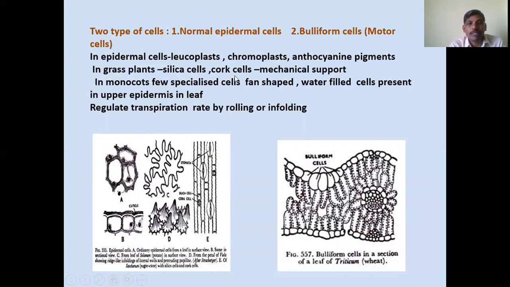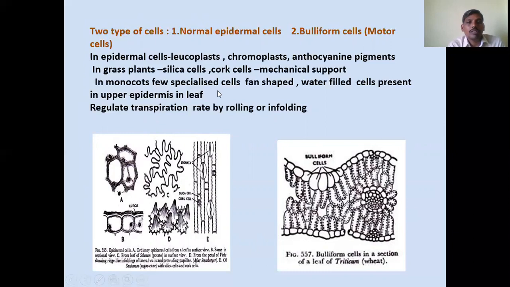In cork cells, the cell wall is made up of suberin, which gives mechanical support. Silica and cork cells are found in between the normal epidermal cells. These differ structurally, in size and shape, from normal epidermal cells.